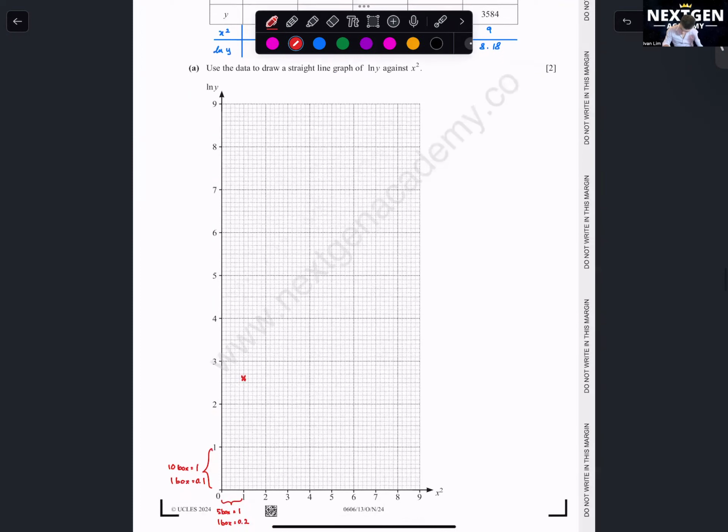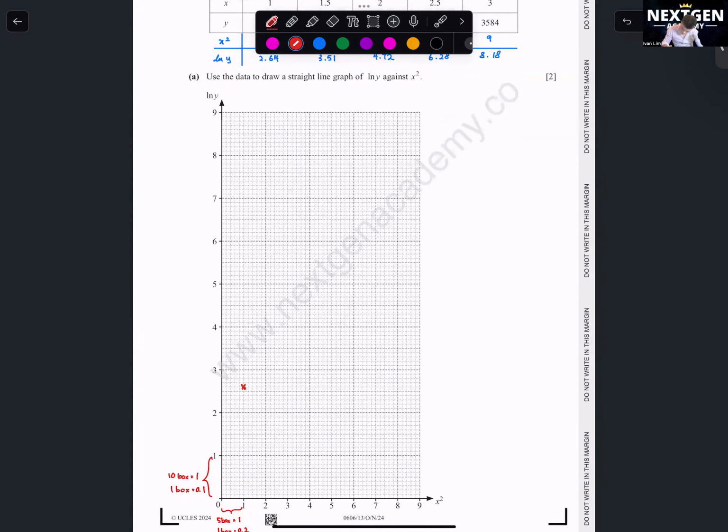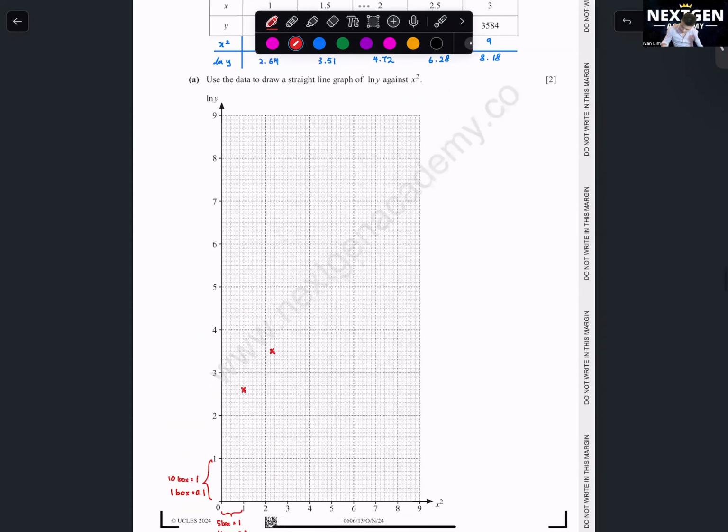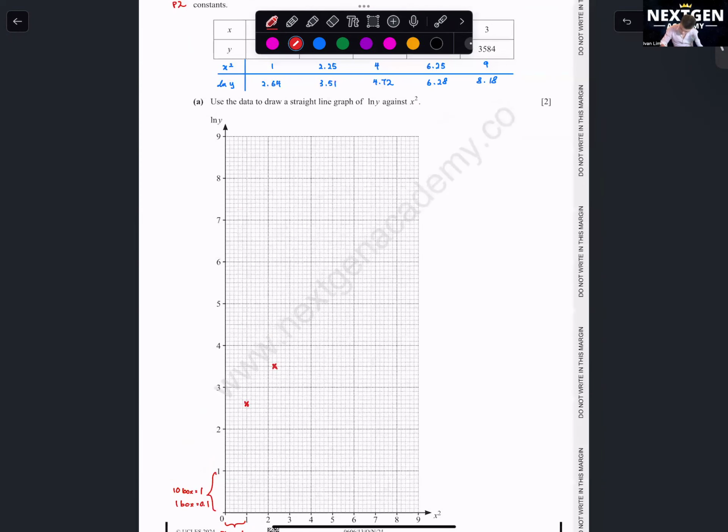Where's 2.3? Around here. Next one, 4.72, around 4.7. 6.25, so let's do about 6.3. Then the last one, 8.18, so around 8.2.